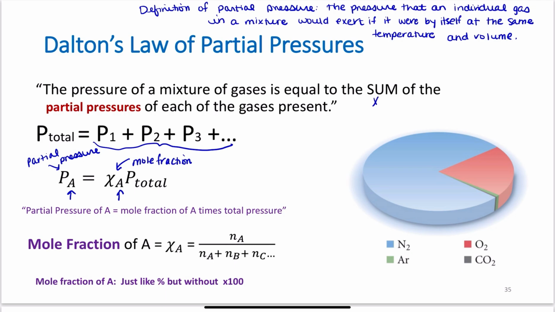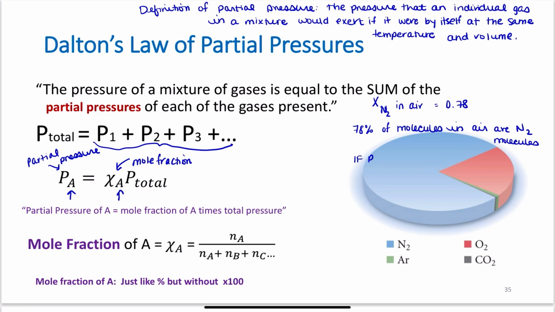Example, the mole fraction of N2 in air is about 78% or 0.78. 78% of molecules in the air are nitrogen. Remember, nitrogen is diatomic, so it's N2. Therefore, the fraction would be 0.78.